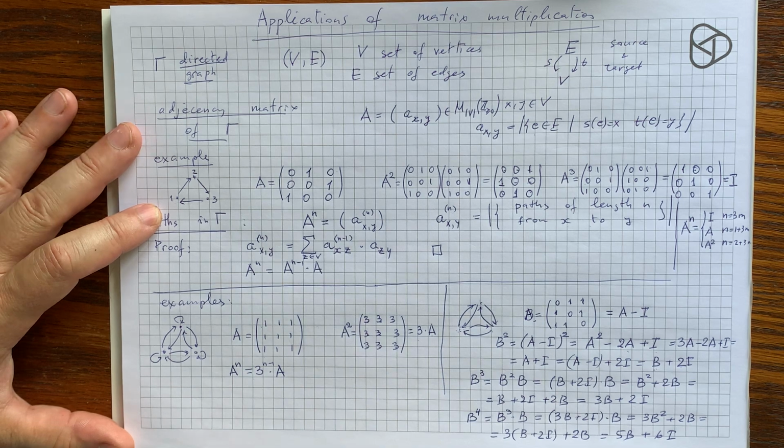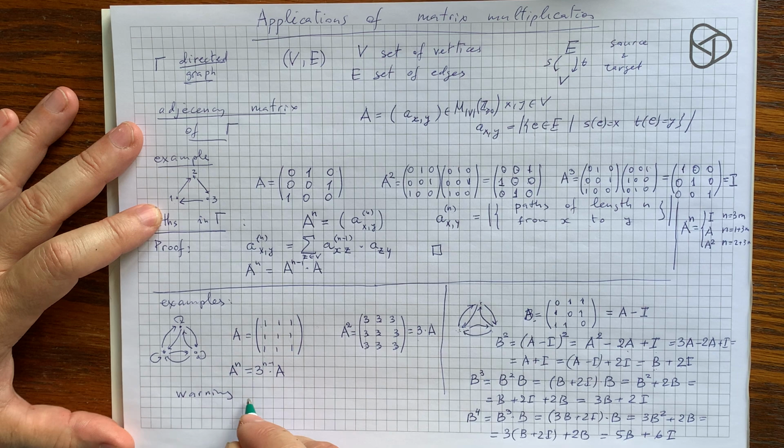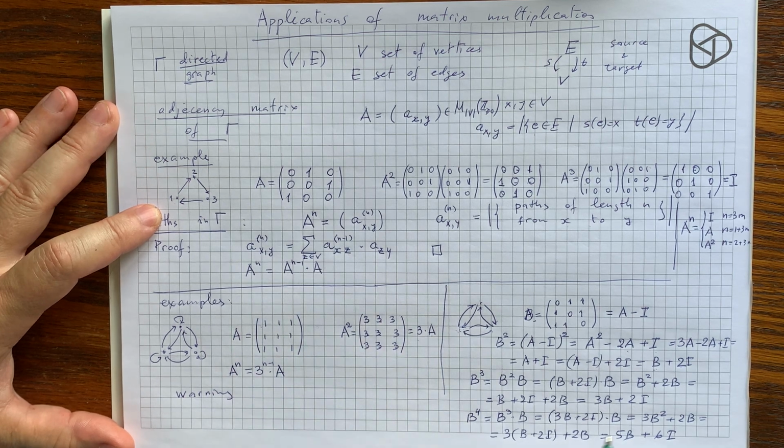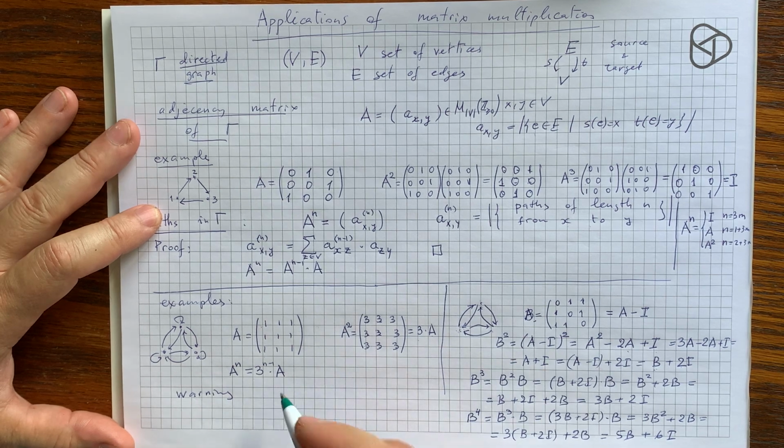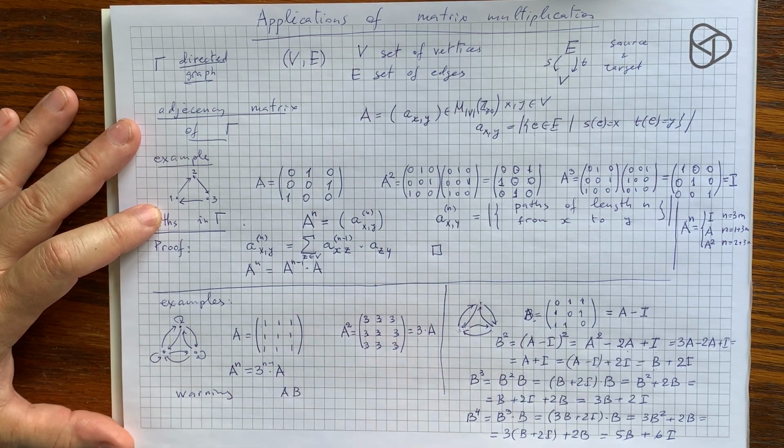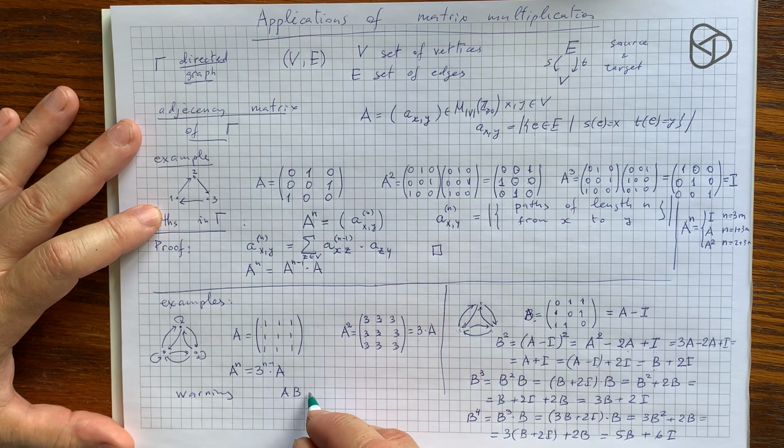One warning: we used this binomial formula, but in general, if the matrices we take the square of the sum of don't commute, then the binomial formula will not be true.